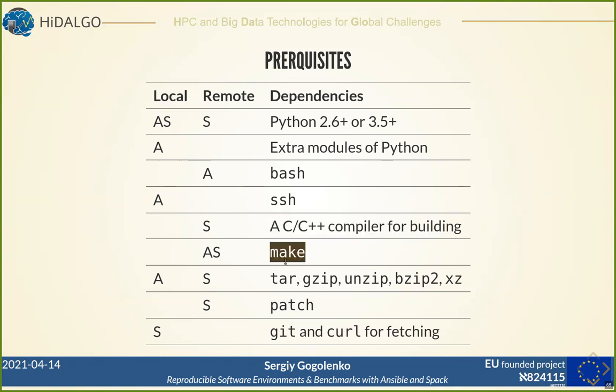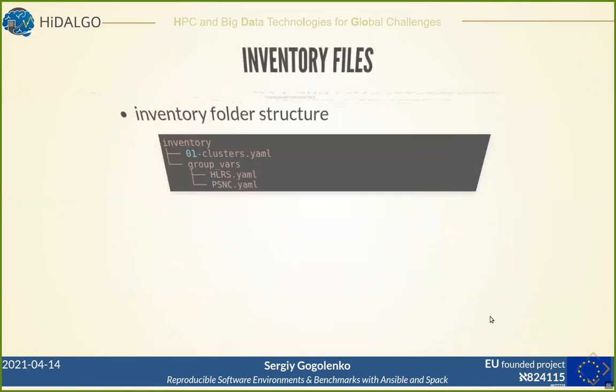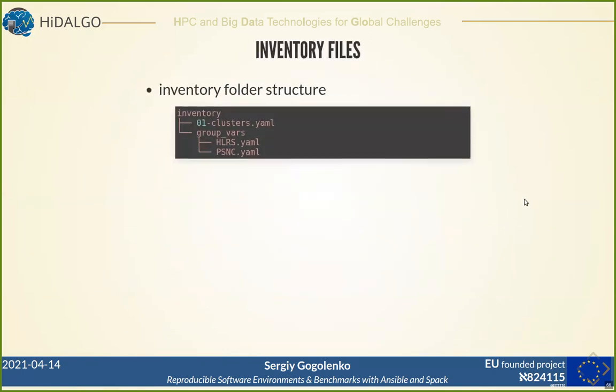And then we will need make, again unpacking tools, and the patch command. If you look at this table, all these dependencies are very simple and usually are satisfied on all machines and all clusters. So they are not so complicated.